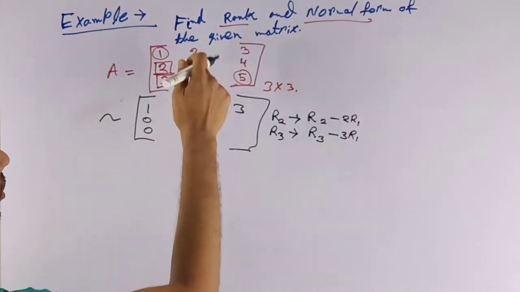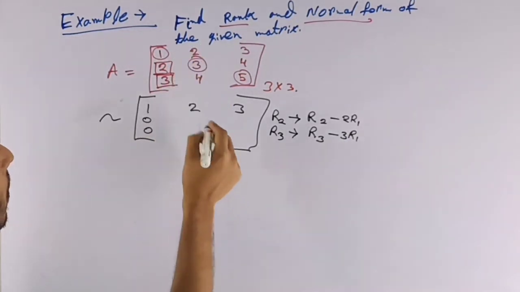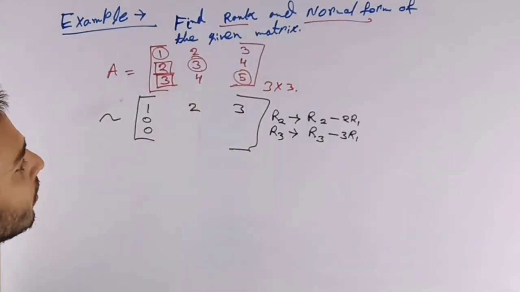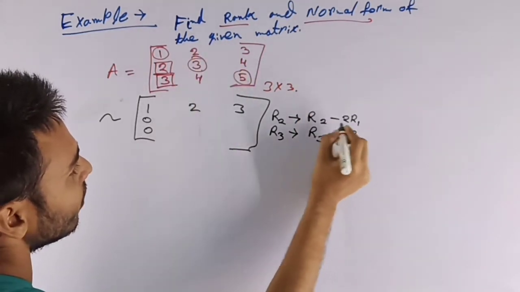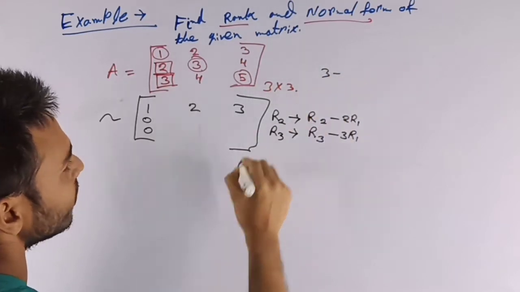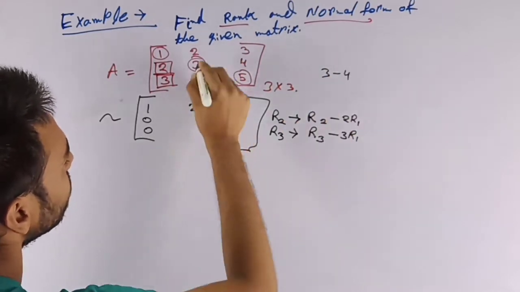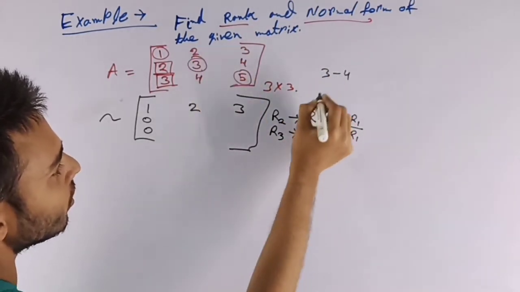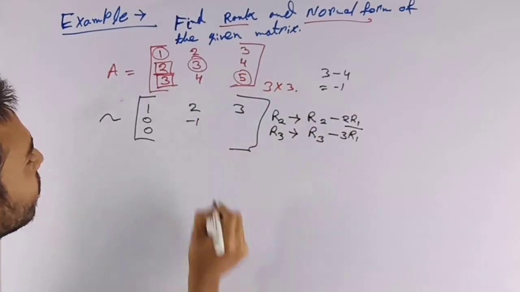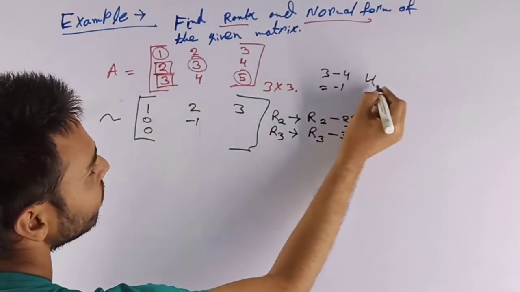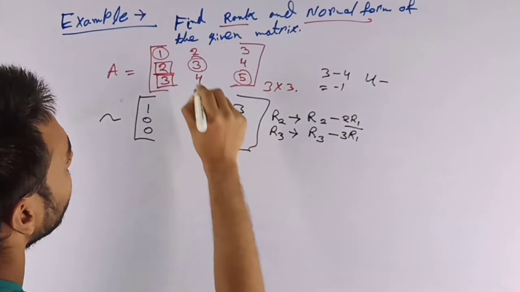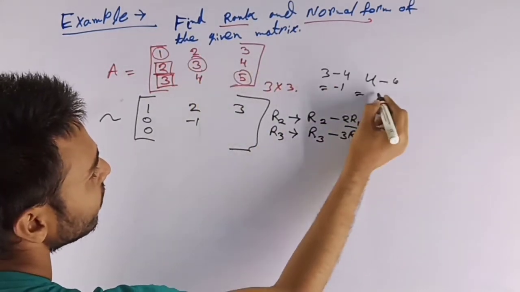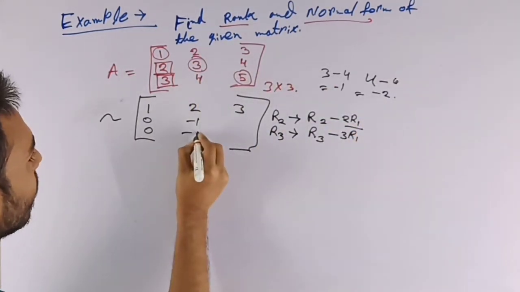So that equals 0 0 0 form. And now 3 is here and 2 is there, so 3 minus 4 equals minus 1 as well. 2 times minus 2 equals minus 4, and 4 times... therefore 6, that equals minus 2, that's it.